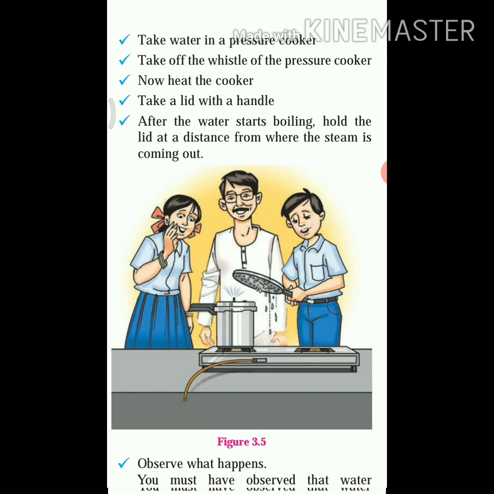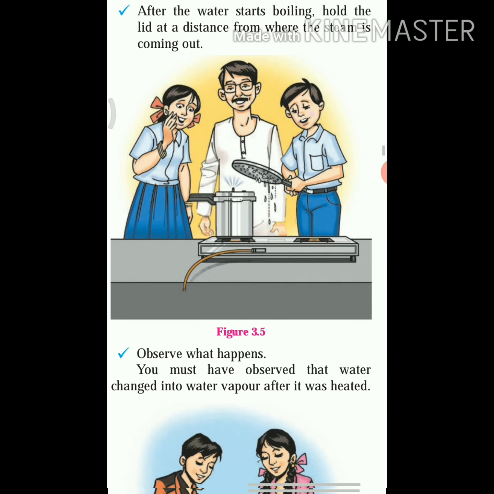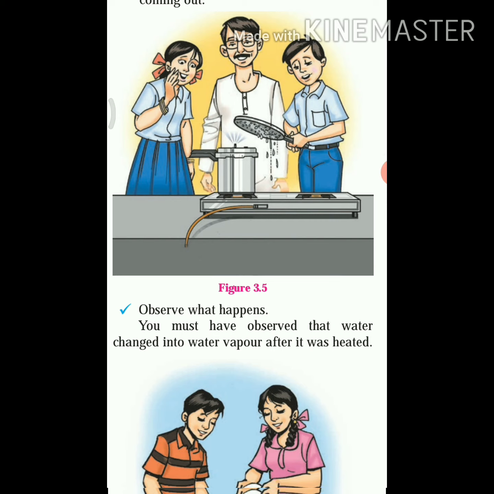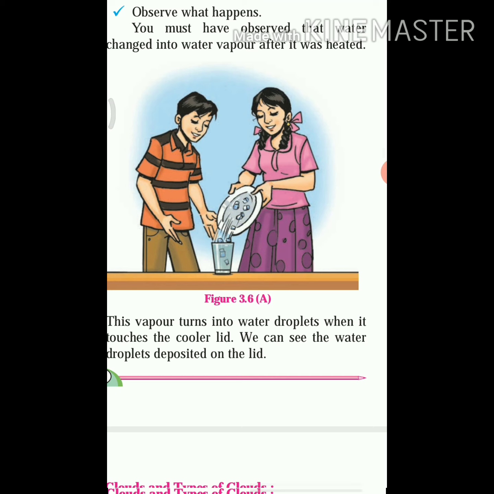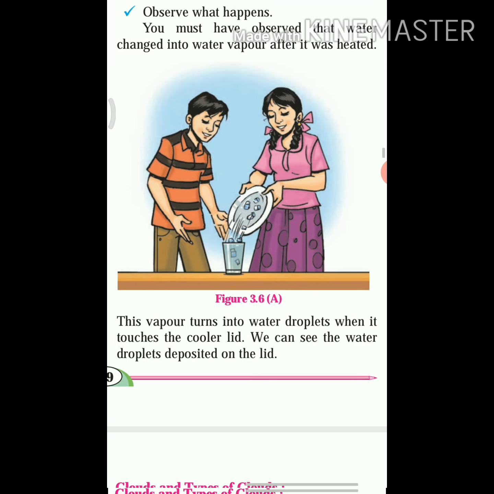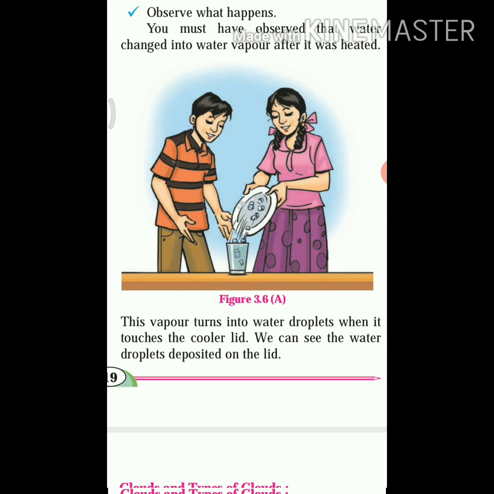After the water starts boiling, hold the lid at a distance from where the steam is coming out. Observe what happens. You must have observed that water changed into water vapor after it was heated. Now the vapor turns into water droplets when it touches the cooler lid. We can see the water droplets deposited on the lid.